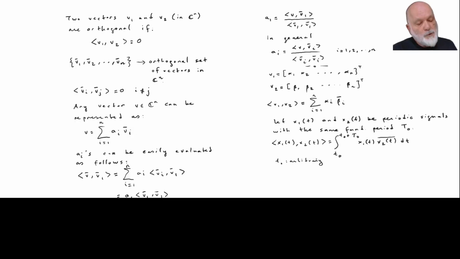For example, if you choose it as 0, it will be an integral from 0 to capital T0, but you can choose any value for t0. As long as you integrate over a period, we define the inner product over a period by means of this expression.